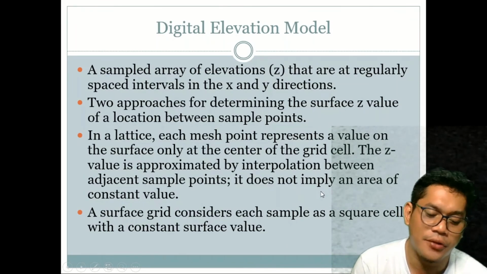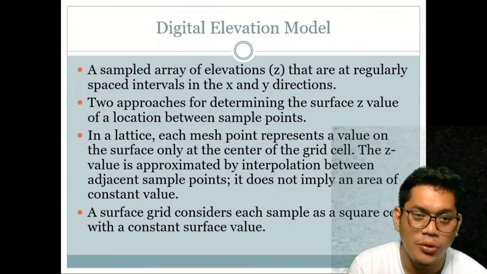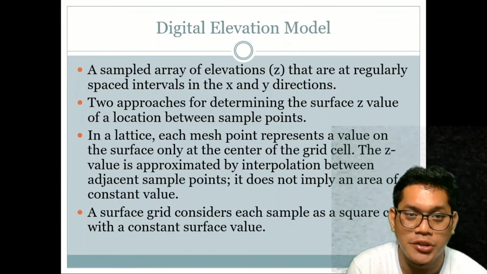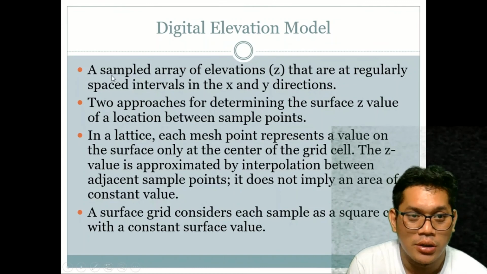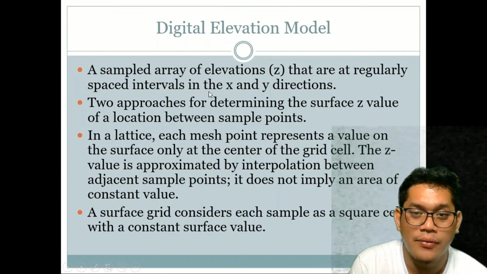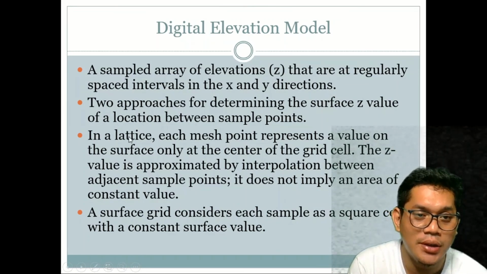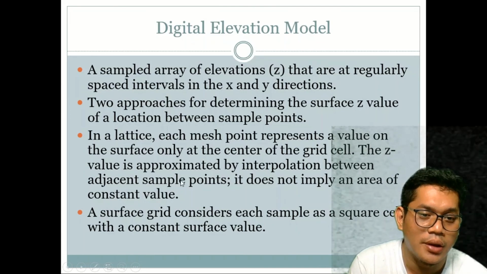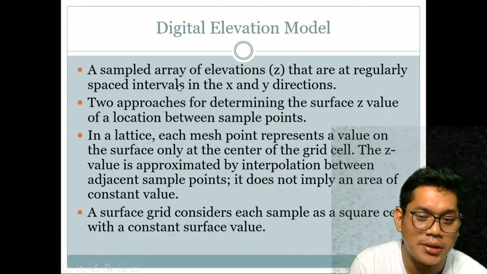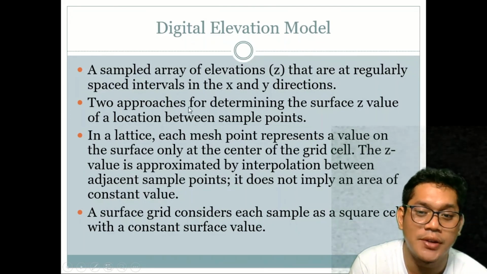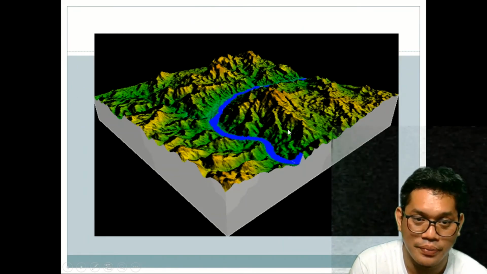Okay, and from the TIN we can derive grid data, which is a digital elevation model, a sample array of elevations at regularly spaced intervals. The surface grid considers each sample as a square cell, which has a constant surface value, something like this.